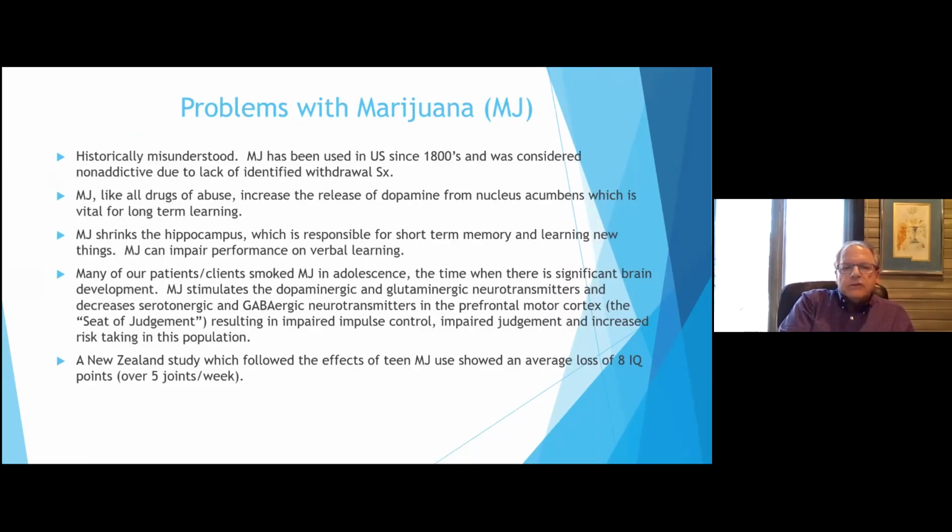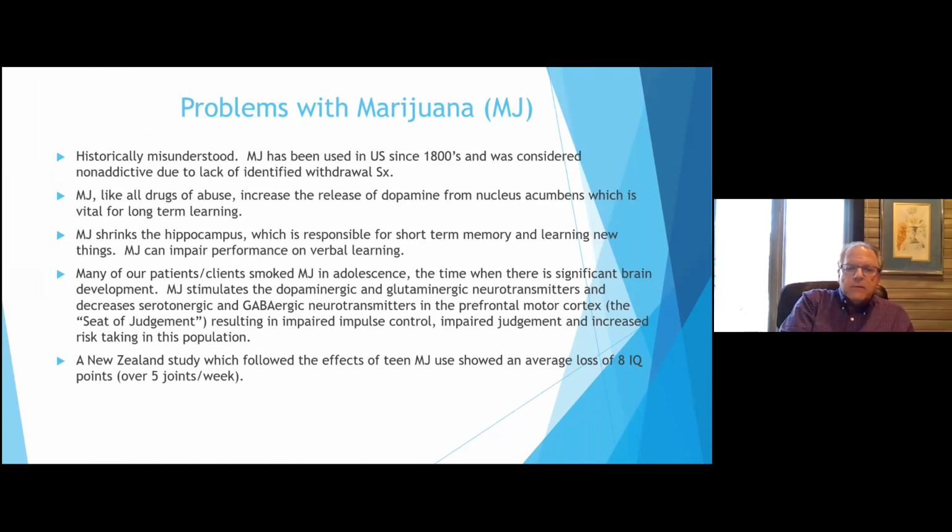Marijuana is historically very misunderstood. For most of the time since it was introduced in the 1800s in the United States, it was considered non-addictive and basically pretty harmless. However, there are definite withdrawal symptoms that have been identified, and it is now considered an addictive substance.